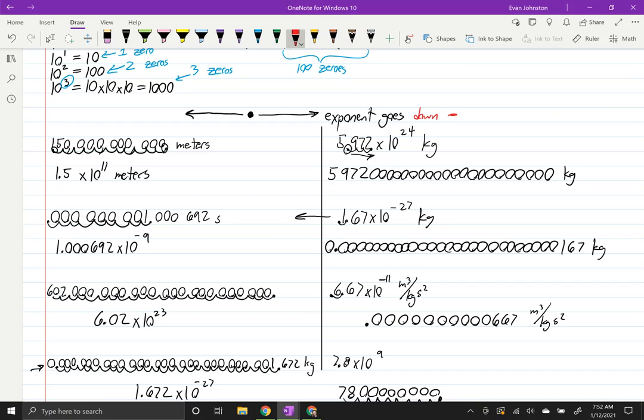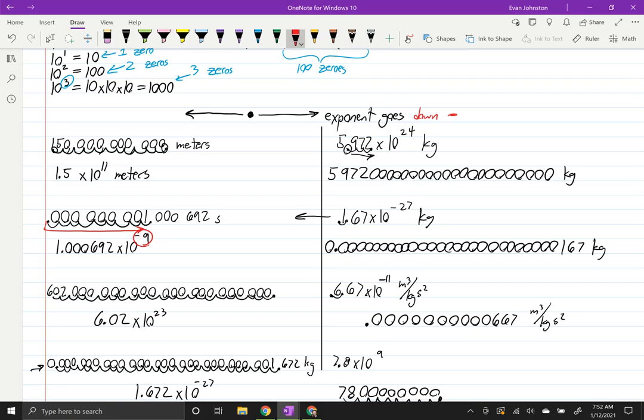So that's negative. So what I really mean by that is looking at these examples over here is really that we had to move the decimal to the right. So the decimal here went in the right direction. So the exponent has gone down. It's a negative value is what I really mean here.